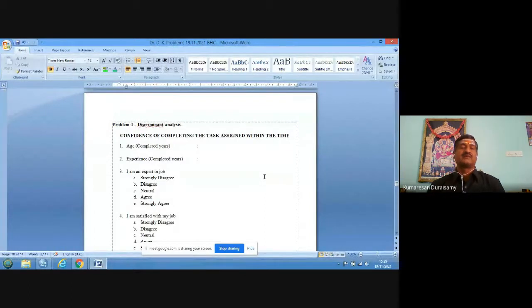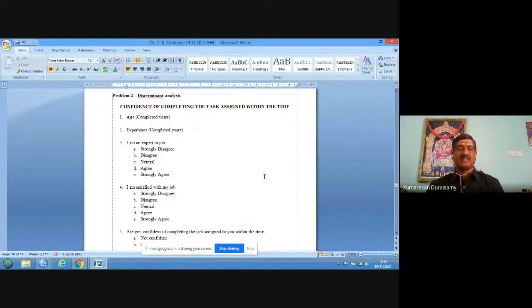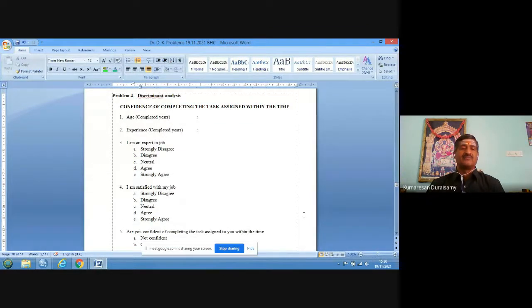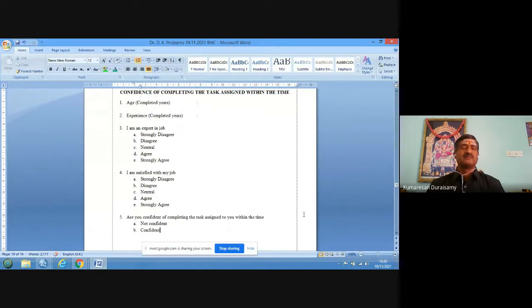Then the next one, discriminant analysis. Here also we have the same variables. One more variable is added: are you confident of completing the task assigned to you within the given time?